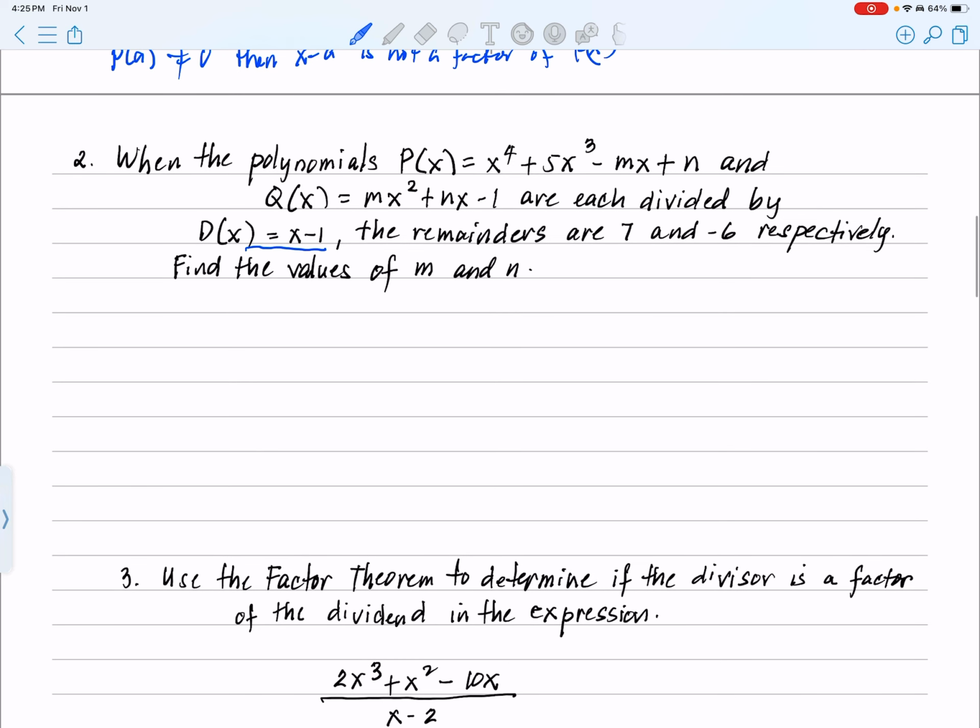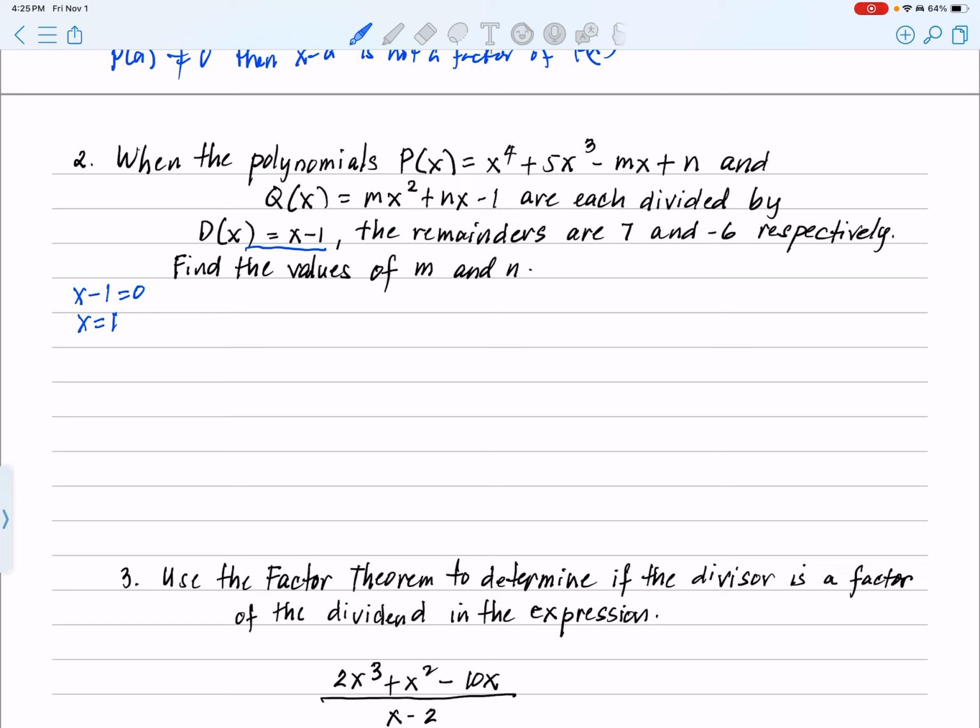So the remainders are given. So might as well we can use the remainder theorem. Our divisor is x minus 1. That means if we equate that to 0, the x is equal to 1.